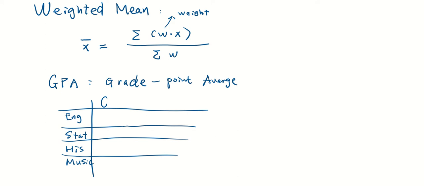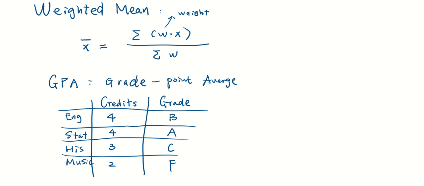First, we need to know the credit for each class. For English, let's say it's 4 credits. Stats, 4. History, let's call it 3. And music, let's call it 2. And for my grades, let's say for English, I got a B. For stats, you get an A. History, you get a C. And music, you get an F, for example.